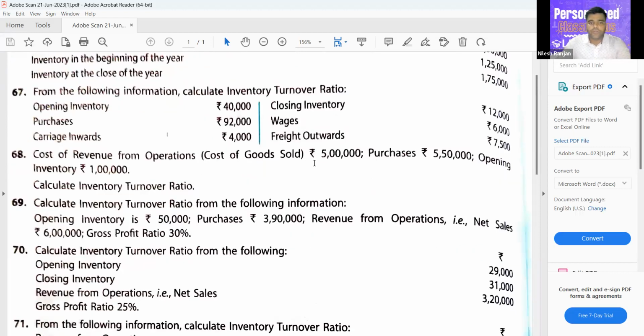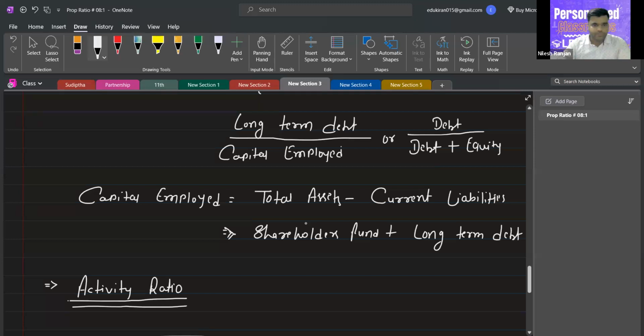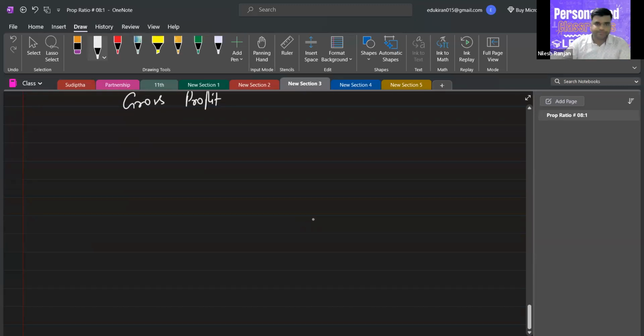Cost of revenue from operation is given in this question also, and opening inventory is given, purchase is given. Okay. So let's solve question number 68.